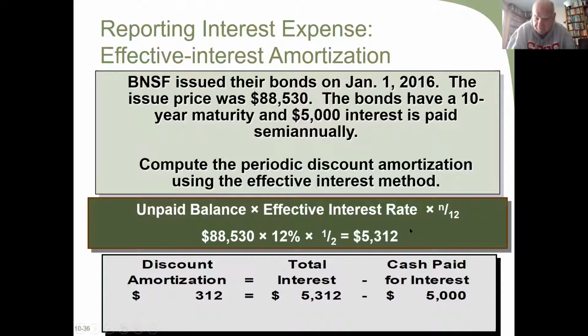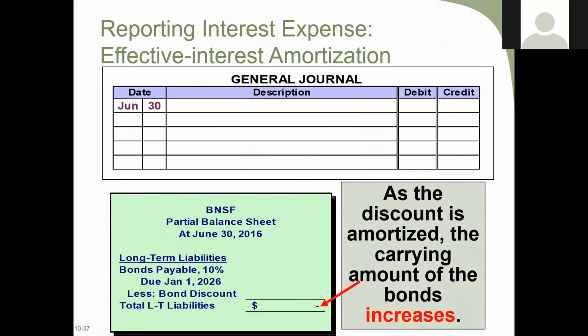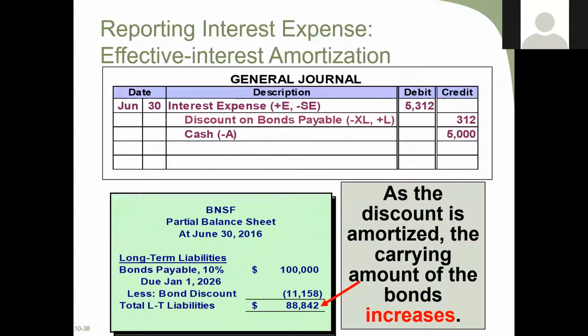You see the difference here, Sue? The one we're getting the amortization. This one we're coming up with the total interest expense. Okay. So look at your schedule here. You're going to see 100,000 minus 11,158, and of course the interest expense is going to be higher because we're now crediting this contra liability.